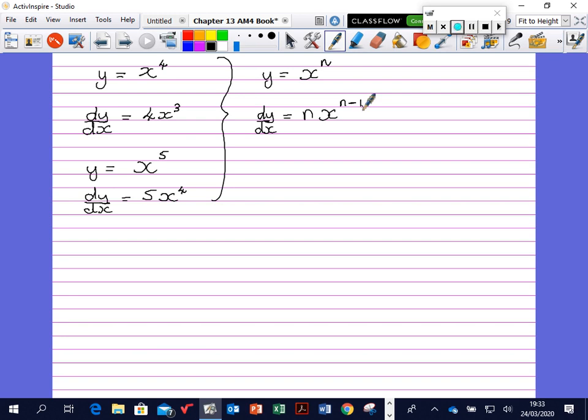It is best that you learn this formula in words, which is quite simply: multiply by the power, then minus 1 from the power.